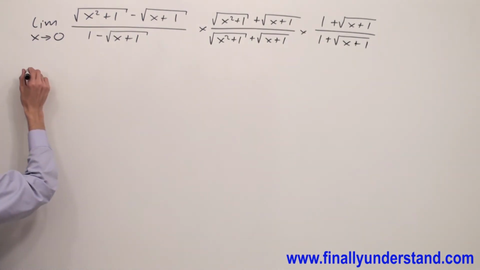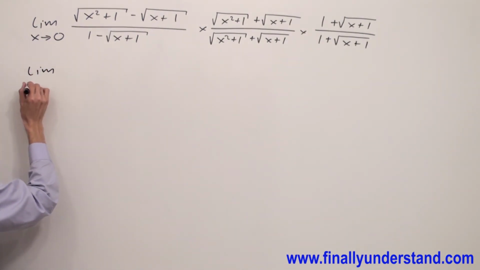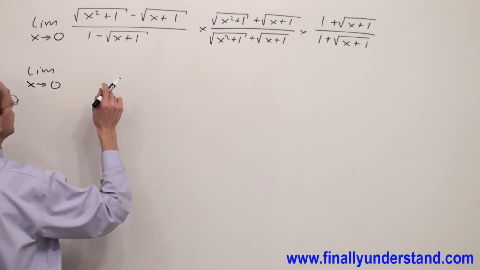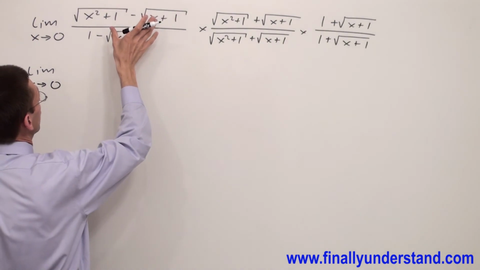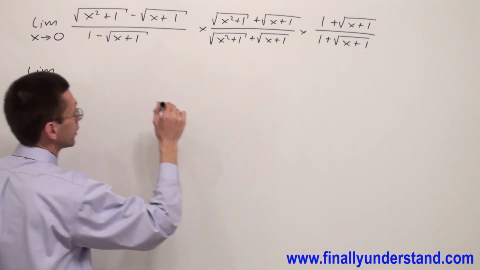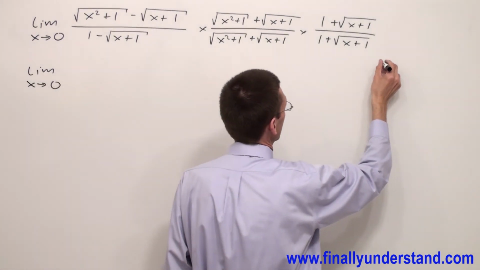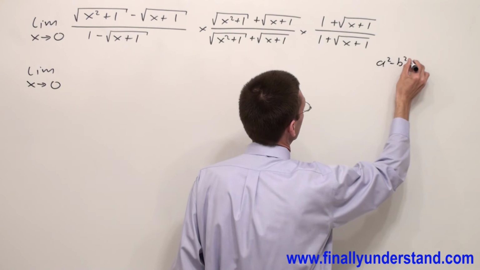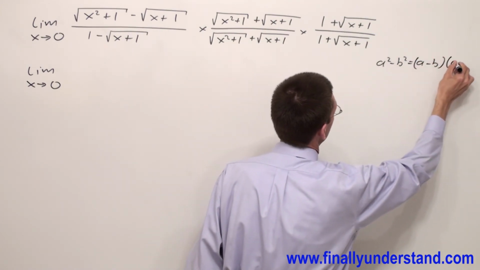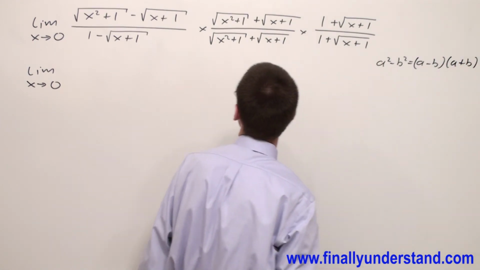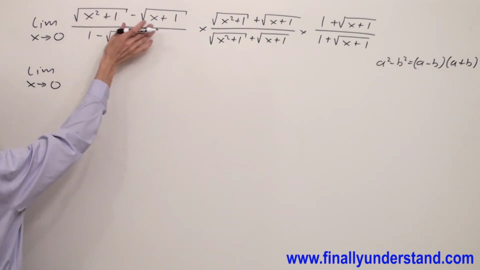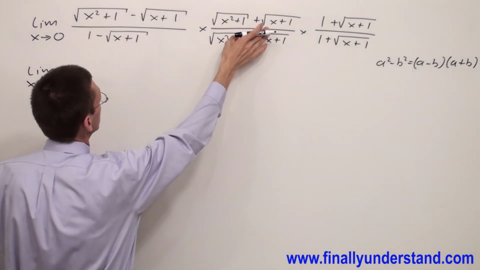Next, copy down limit x is approaching 0. Now you're supposed to again use the difference of squares, and keep in mind that the formula says a square minus b square is equal to a minus b, a plus b. This is my a, this is my b, this is my a, and this is my b.